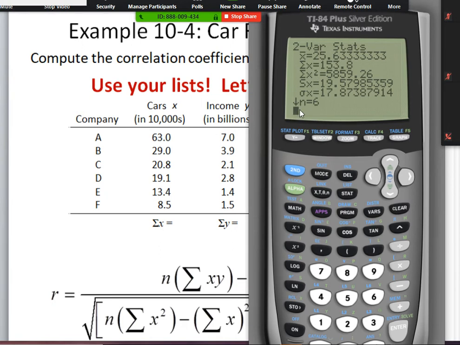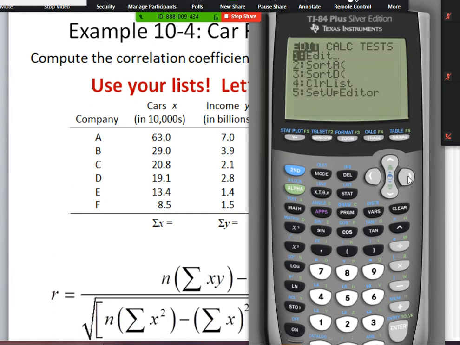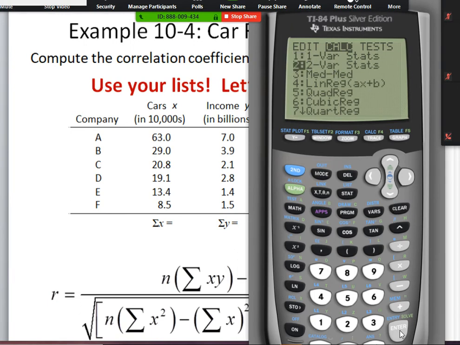Scroll down. See, it has a little down arrow. You can arrow down with your arrows, and it gives you more. Look, there's my Y bar, my sum of my Y's, my sum of my Y squareds, sum of my XY's. It gives you everything you need. All those pieces are in there. So again, that's after you put your stuff into a list: stat, calc, 2-var stats, because I have X's and Y's now, 2 variables.